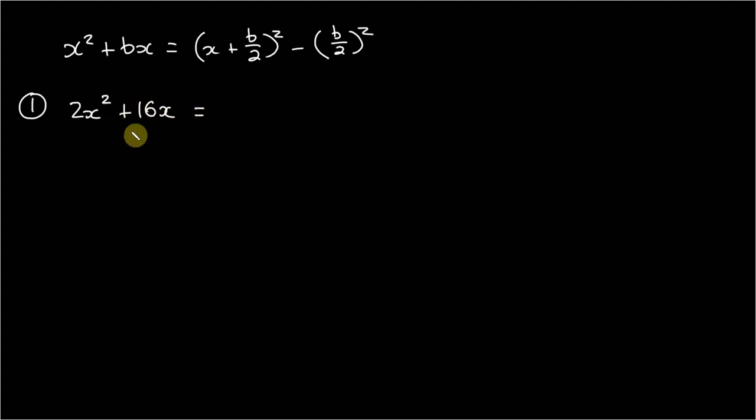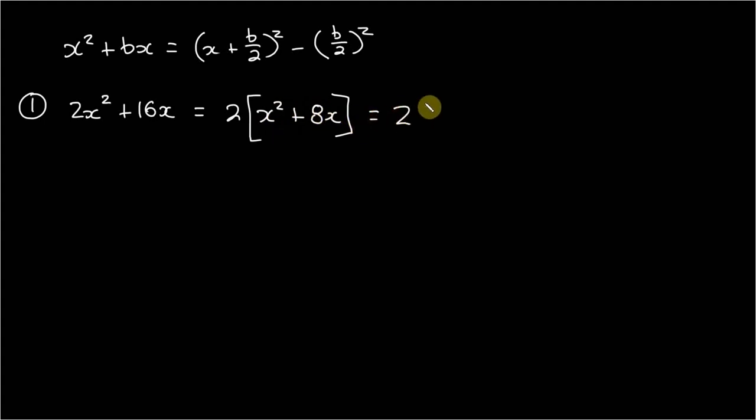The first step here is to factor out this 2. That leaves us 2 times, in square brackets, x squared plus 8x, right? After factoring out the 2, this is now an 8x. And now we can complete the square on what's inside these square brackets.